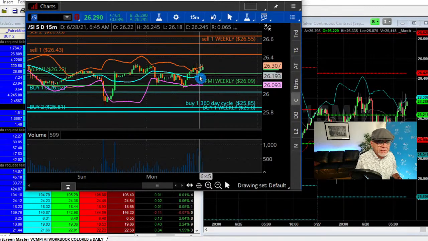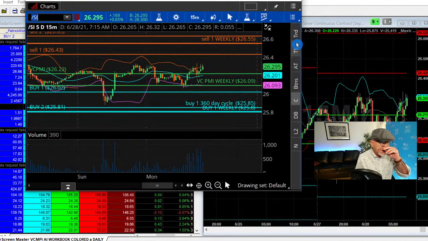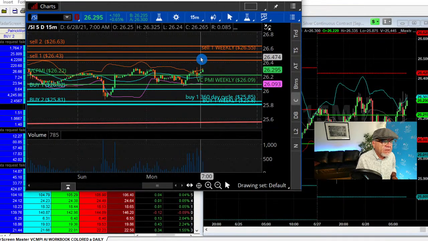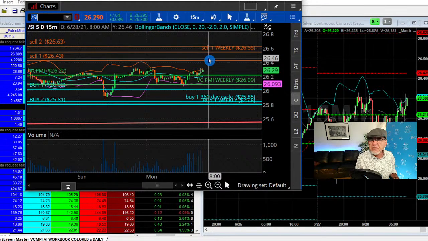The most optimal level is to allow the market to go up to 26.43 or even into that 26.63 area, which integrates the weekly numbers and identifies this area as a high probability area, what it calls an area of distribution of supply.